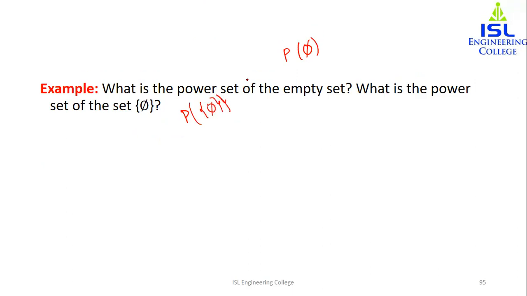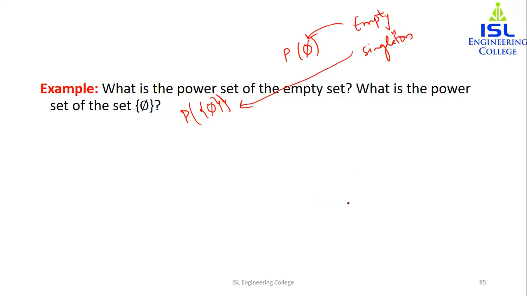Okay, so these were the two things I was explaining while we were dealing with empty and singleton set. Okay, this is an empty set while this is a singleton set.